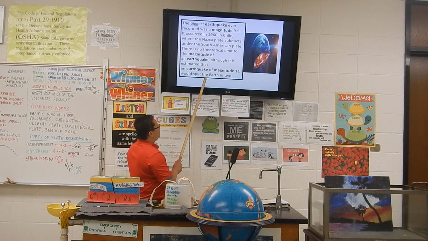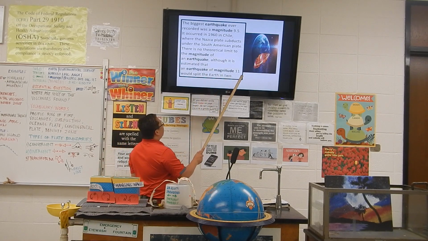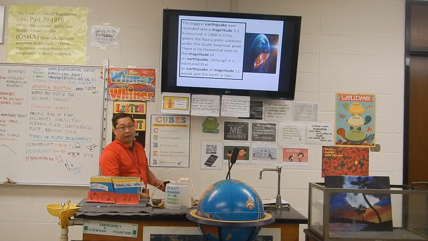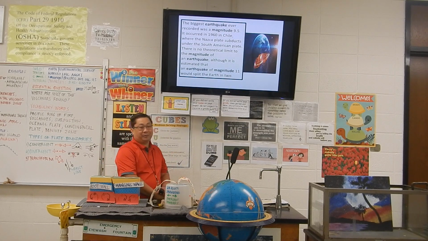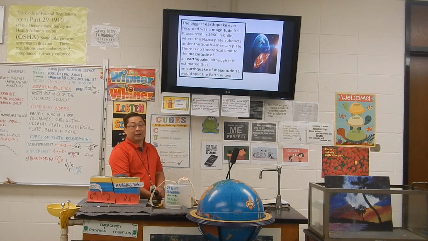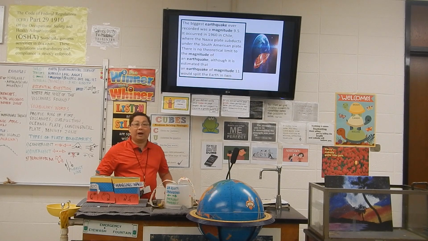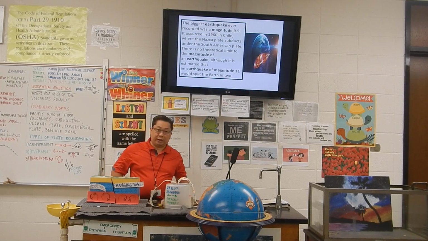It is believed that a magnitude 11 earthquake would split Earth into two. Hopefully we don't experience that. Again, the Pacific Ring of Fire is where most earthquakes happen, where most volcanoes are found, and it is a dangerous place when it comes to geohazards.